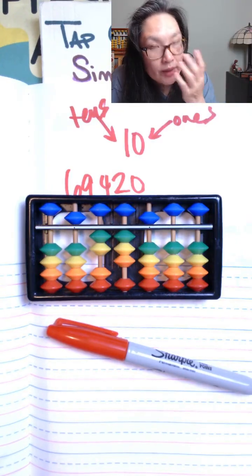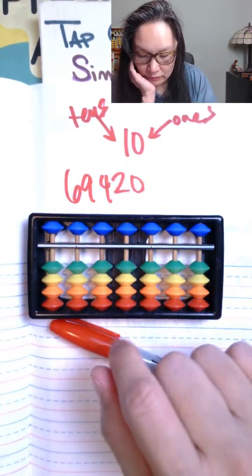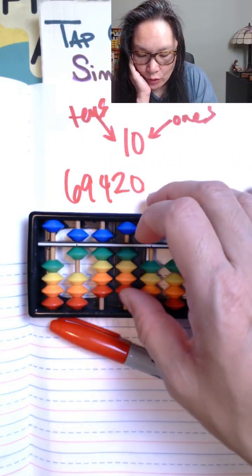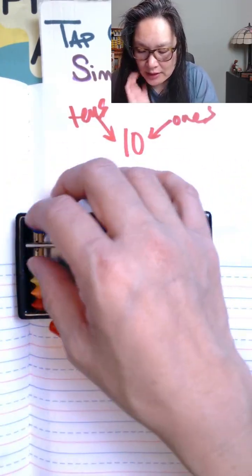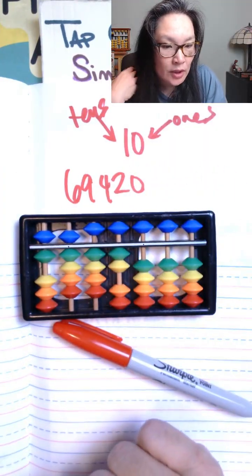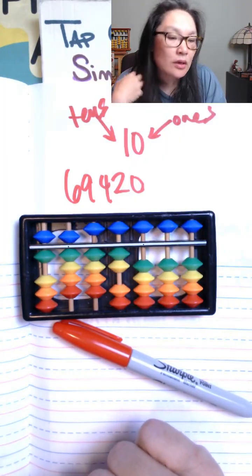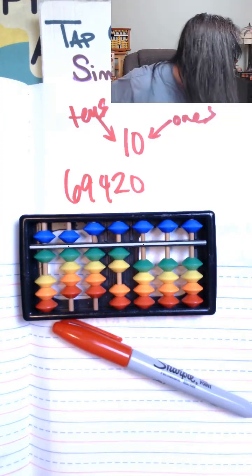So then if we do this one, 6, 9, 4, 20, nope, that's wrong. 6, 9, 4, 20. Could you expand the numbers on the abacus? What do you mean, like more numbers?